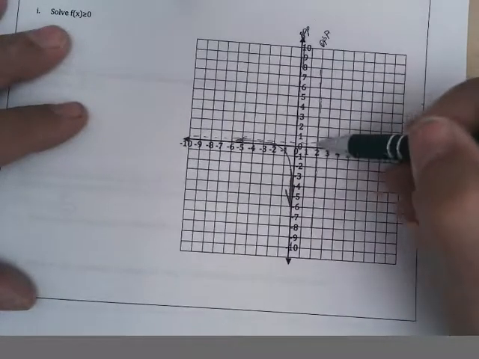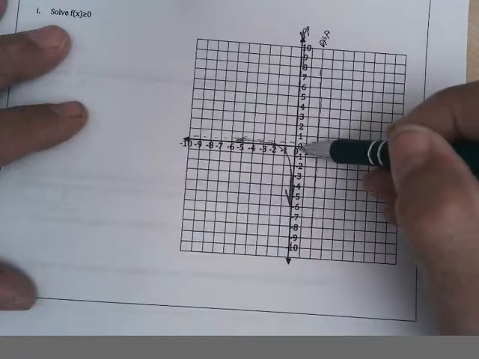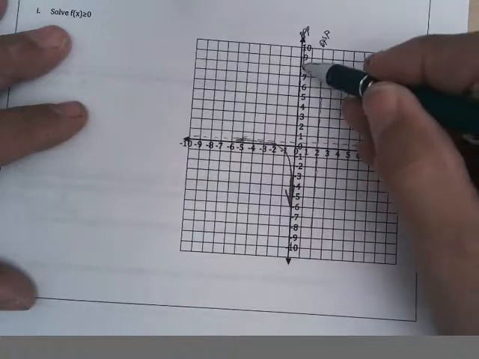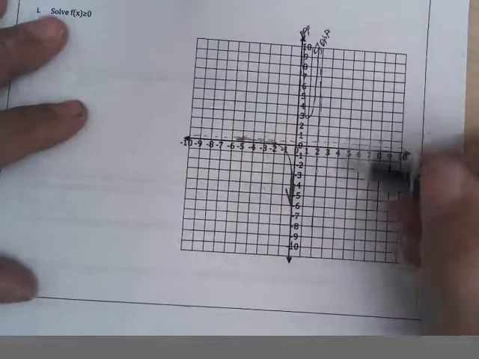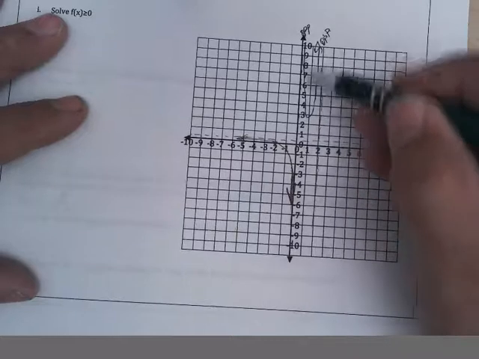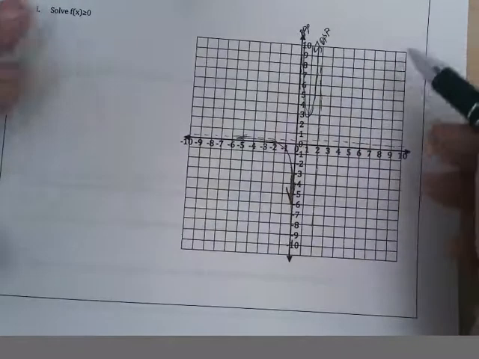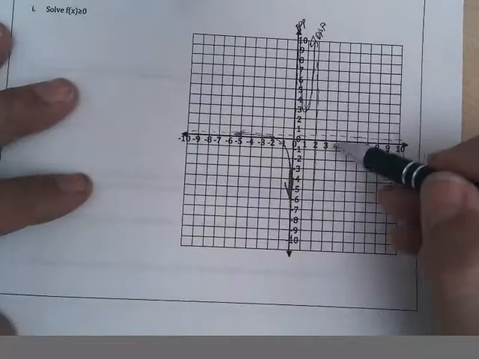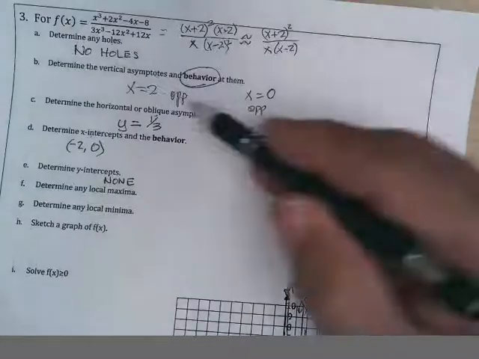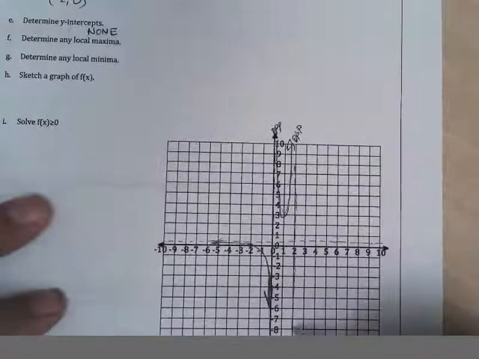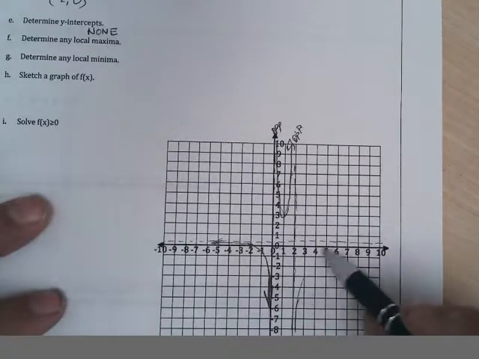There's no x-intercept in between here, so it must come down and go back. And then I don't know how far down to come without looking at the graph. And then over here, at 2, it's a single, so it's opposite, so it must come from below and approach this, but that doesn't make sense.